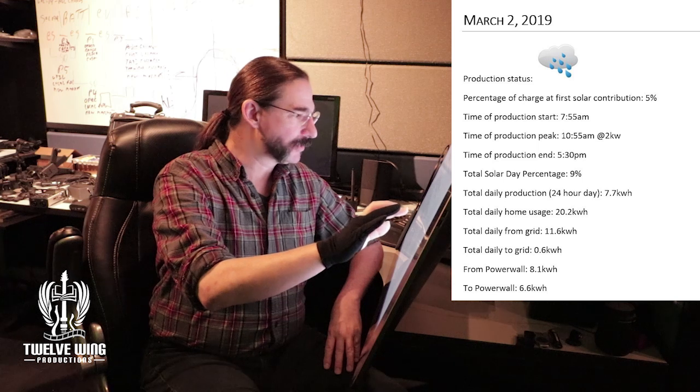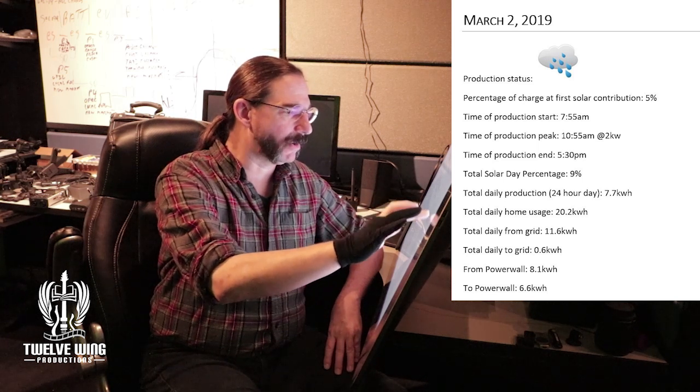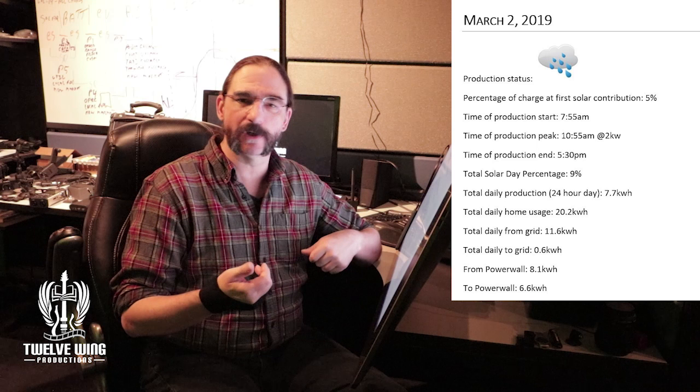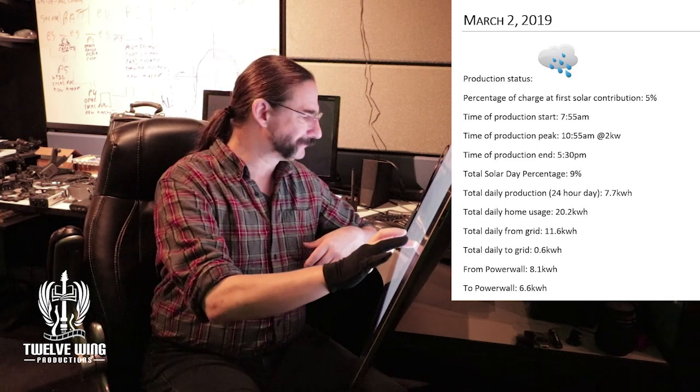Well, unfortunately, we wound up ending our total solar day at 9%, even with that reserve set and putting all the power away. Well, now what?